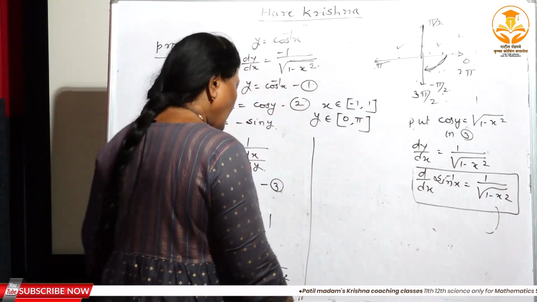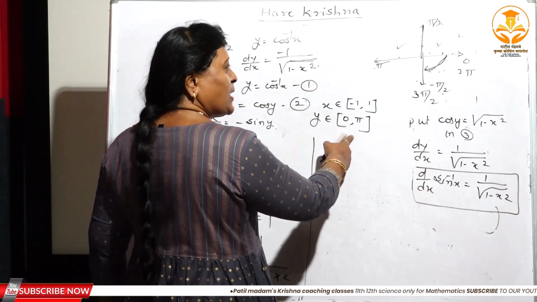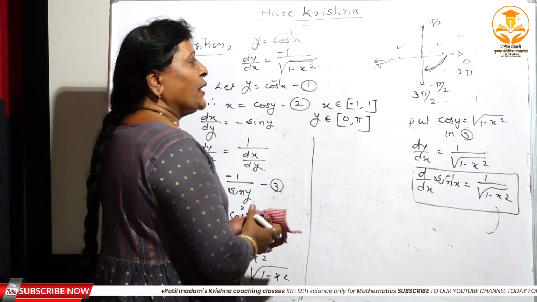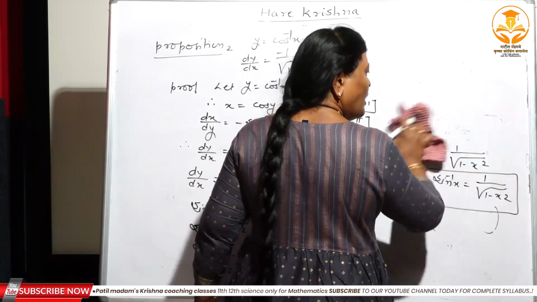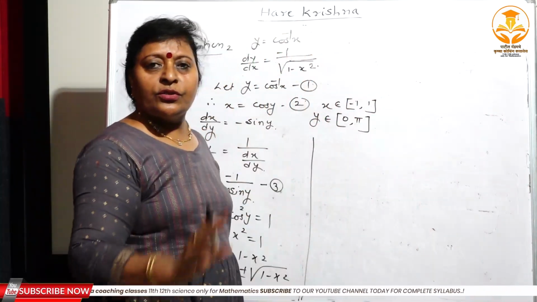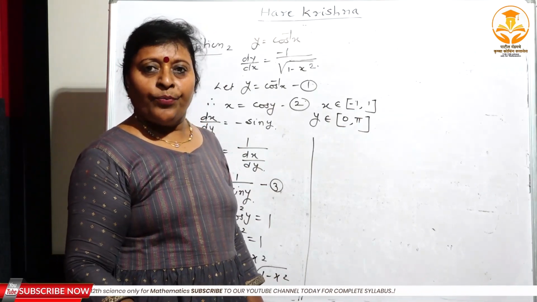Second quadrant, right? So, since y belongs to the first and the second quadrant, sin y is positive in the first and the second quadrant. In the first quadrant, all the ratios are positive, no doubt here, but in the second quadrant, the sine and the cosec functions are positive.